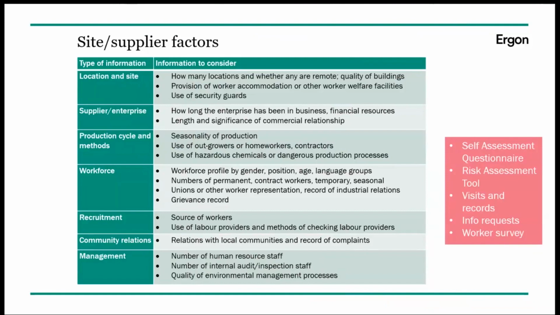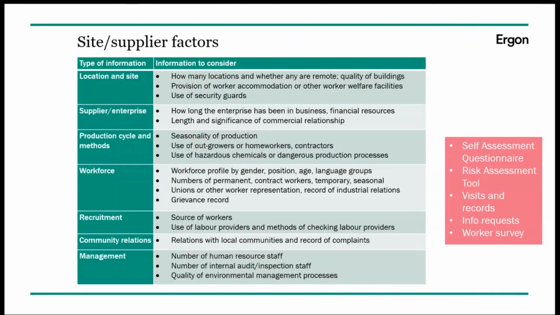So there's a whole set of other supplier and site characteristics which need to be gathered, which can either mitigate or reduce the risk or improve your understanding of what those particular supplier risks might be.